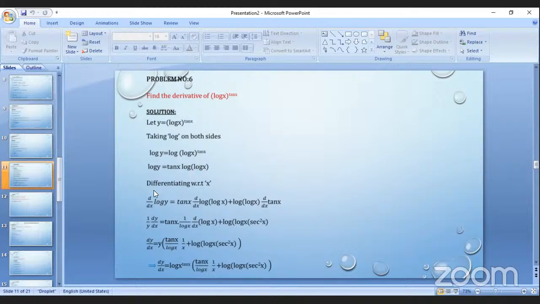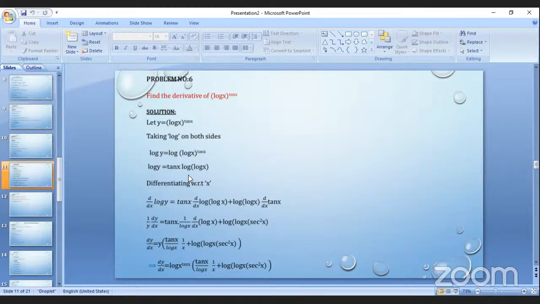Now differentiate with respect to x on both sides. Here d by dx of log y equal to, observe the second term, tan x into log of log x. Two functions are there, one is tan x and another one is log of log x.